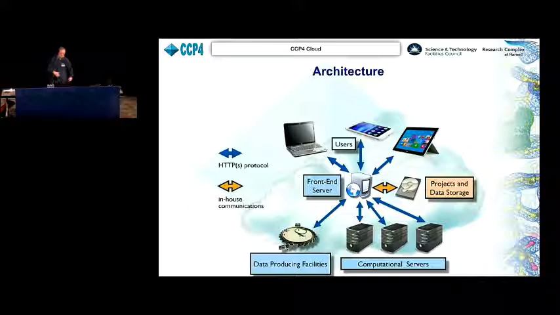And also CCP4 Cloud takes care of the transfer of data from data producing facilities or from the local data storage on the user's PC. But the users can access this in the front end using any device they have, using the web browser.